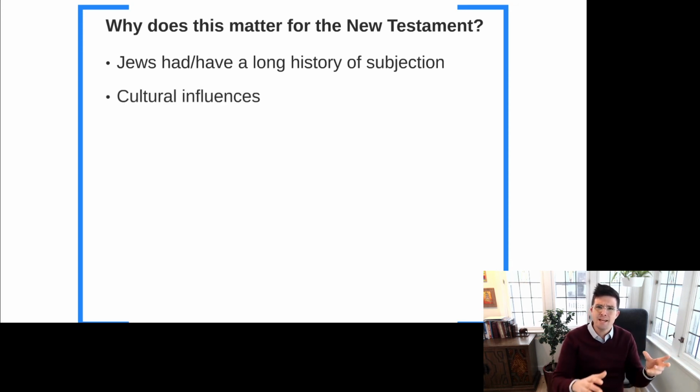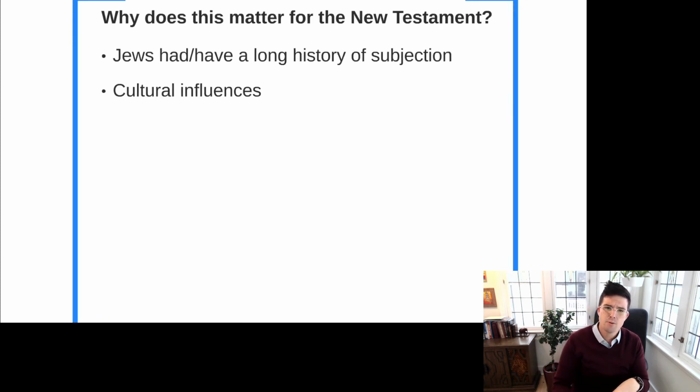And secondly, and more pertinent to what we're going to be looking at with the texts of the New Testament themselves, is we see a number of different cultural influences that have a back history to them. We don't just come to the New Testament without the history behind it influencing what we have in the New Testament.